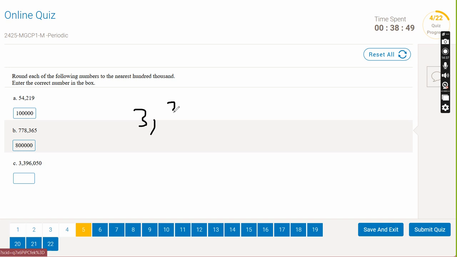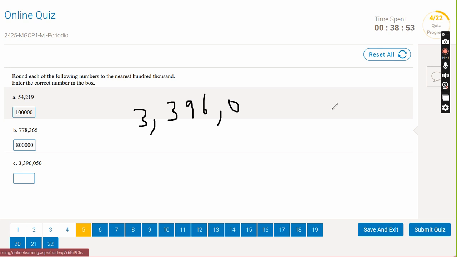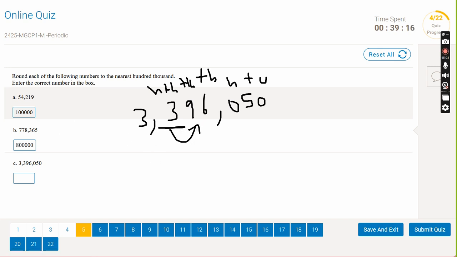Now 3, 3, 9, 6, 0, 5, 0. Please keep in mind the base values of each number, only then you can do these successfully. So it will be units, tens, hundreds, thousands, 10,000s, 100,000s. Okay, so here we have reached our goal 100,000. So we'll look at the number beside it. What is that? 9. And this will become plus 1, so 4. So 3, 4.